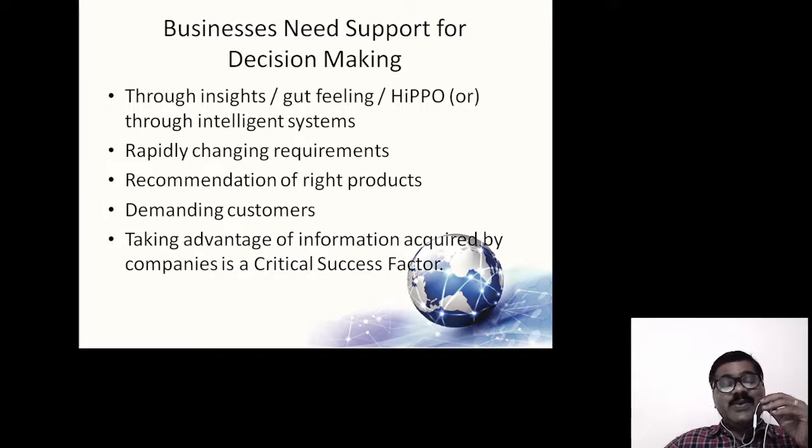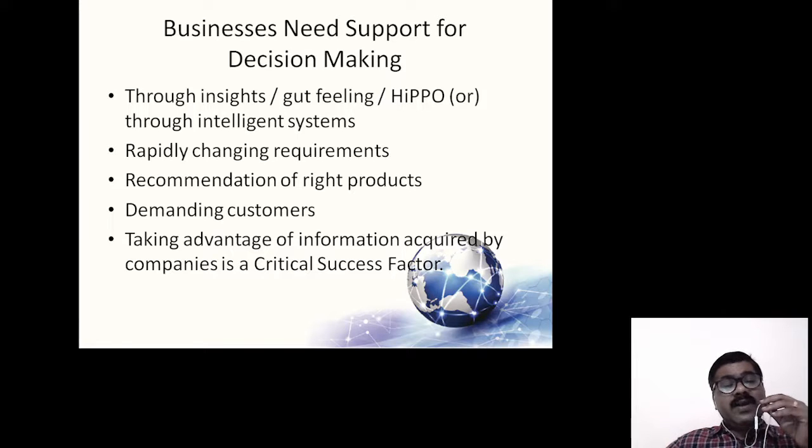So you have to understand how the back end actually works. In order to meet demanding customers, in order to make customers choose the right product, in order to meet the rapid change of requirements, business intelligence plays a vital role in all these things.